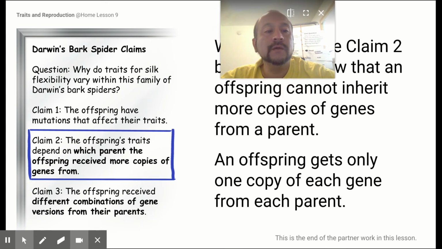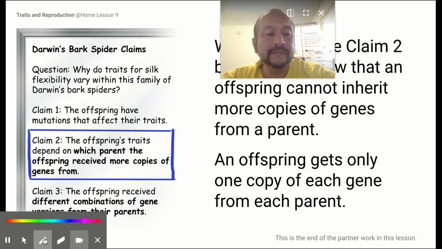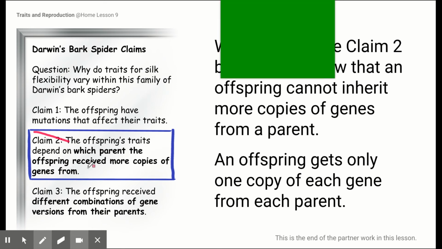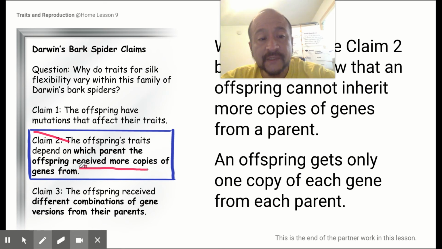So what we can do is eliminate claim number 2 because it says here the offspring's traits depend on which parent the offspring receive more copies of, and we already know you get 1 copy from mom and you get another copy from your father.